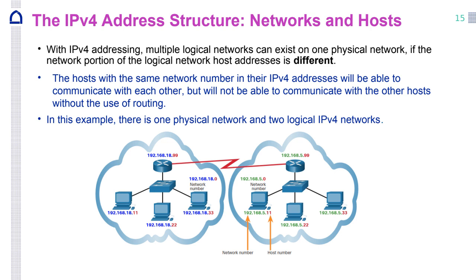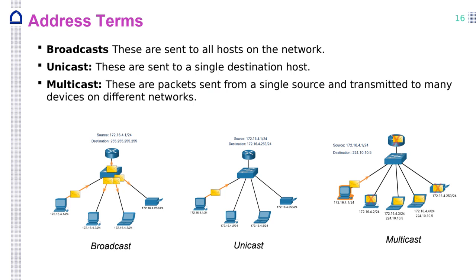Here I have different networks with different network structures. How can I connect them? I can use a router to connect them together. So a router can connect different LANs. Now we have different terms, such as broadcast.